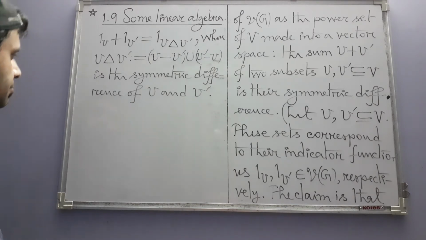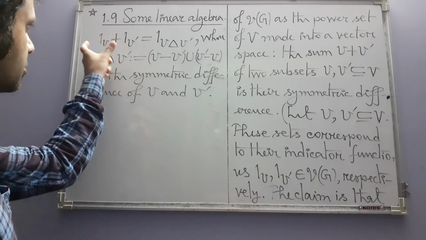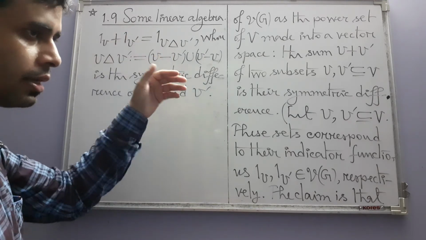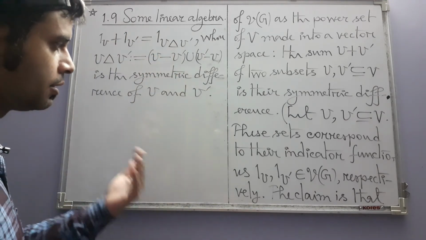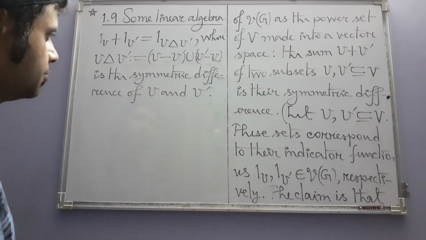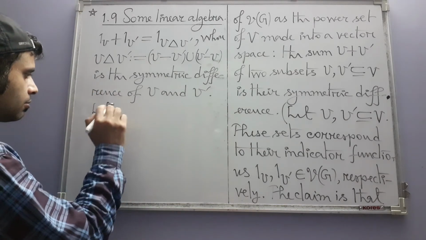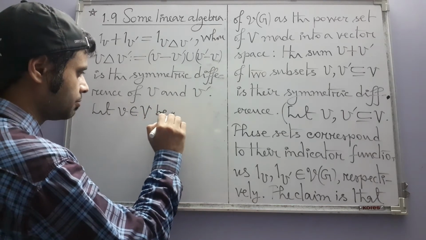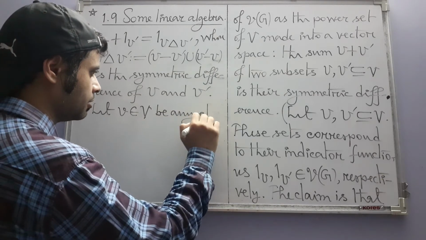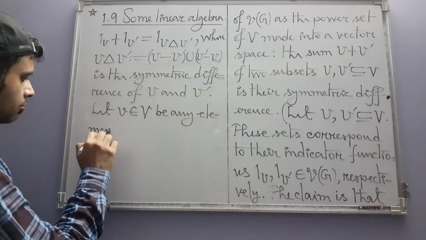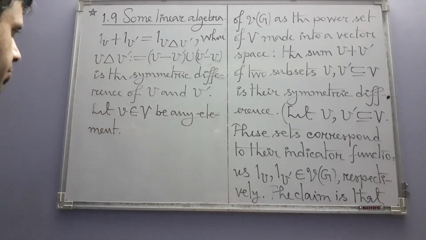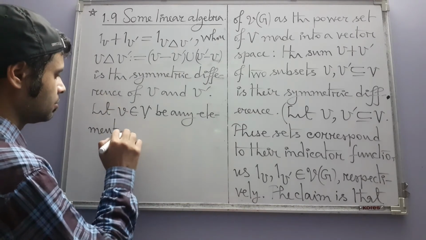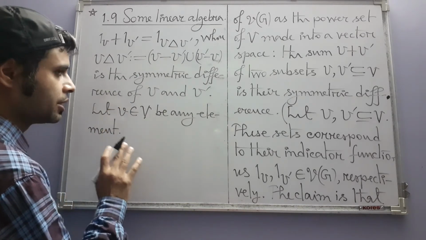How to see that? So what do you need to show here? You just need to show that these two functions, the one on the left and the one on the right, are identical, that is, they must have the same outputs for a given input. So let phi belonging to V be any element. Now some possibilities will arise.